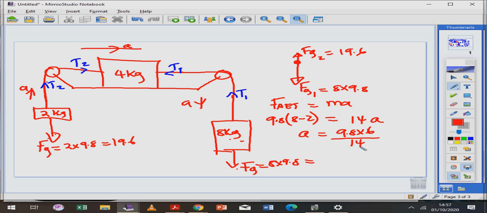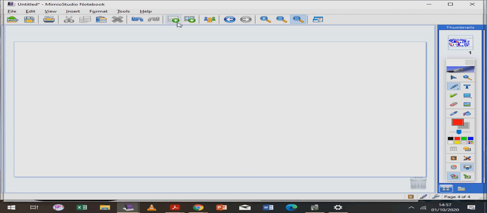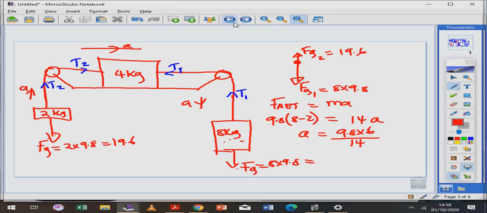When I have the acceleration, I can now consider one of the objects, or actually either of the objects. So if I consider this 8 kilogram object on itself, its force of gravity is Fg2, and the only force acting upwards on it is T1.